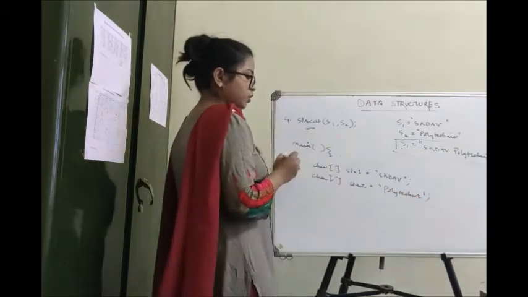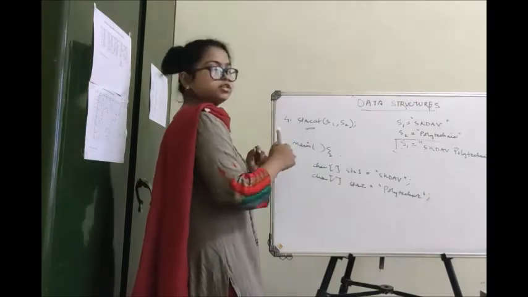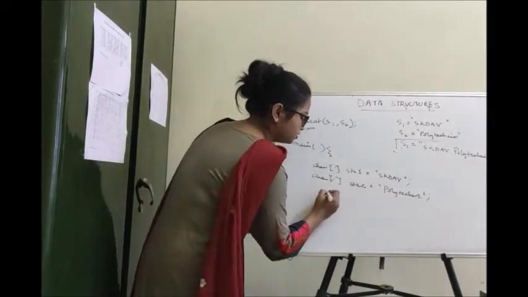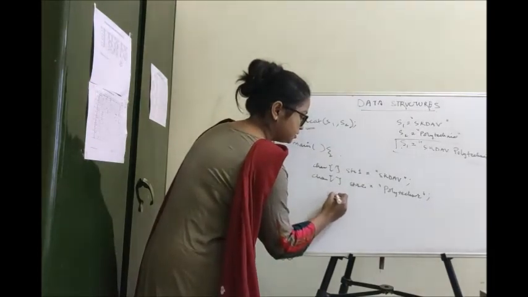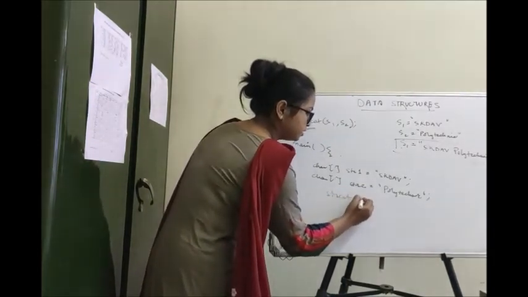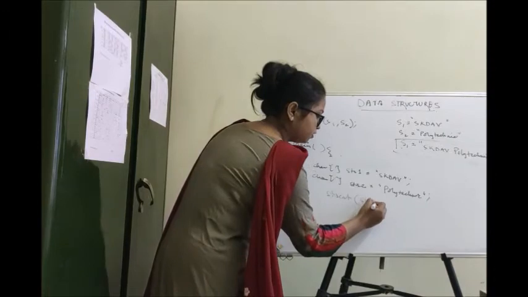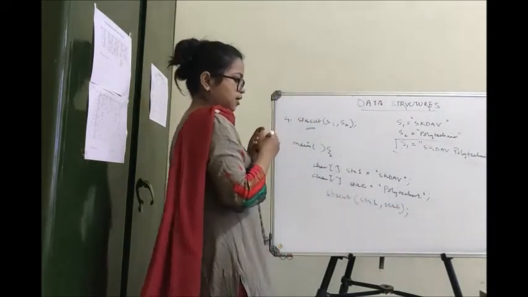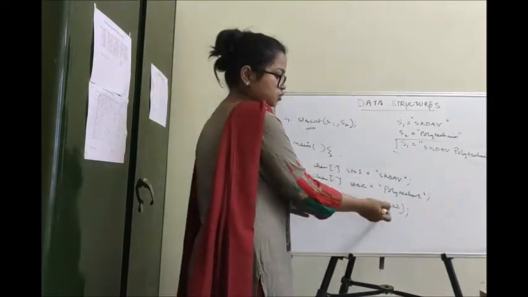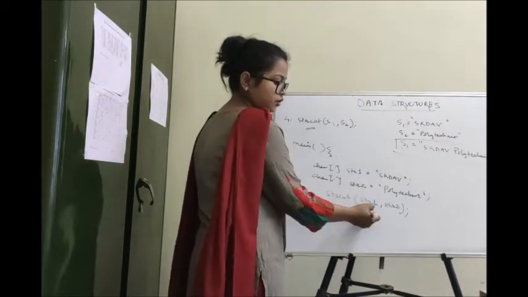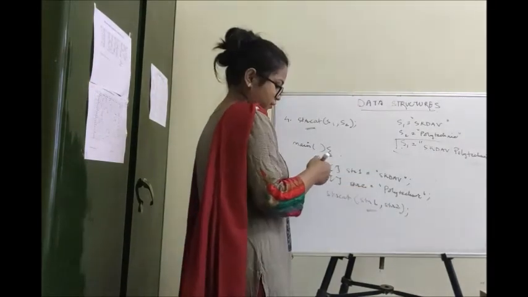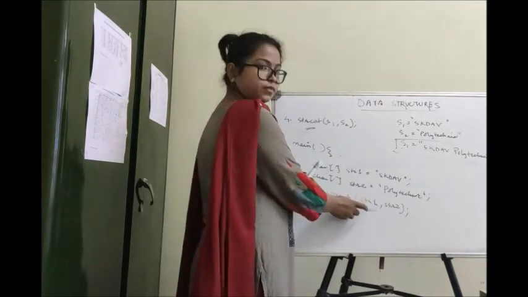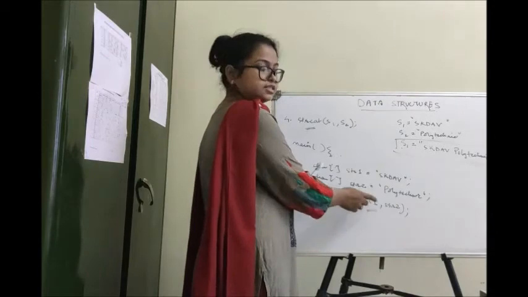Now what do I have to do? I have to join these two strings, I have to concat these two strings. So what will I call? String cat, strcat, str1, str2. What it does is it concatenates the two strings and stores the result in the first parameter, that is str1. So if you want to show the result, you have to print str1.